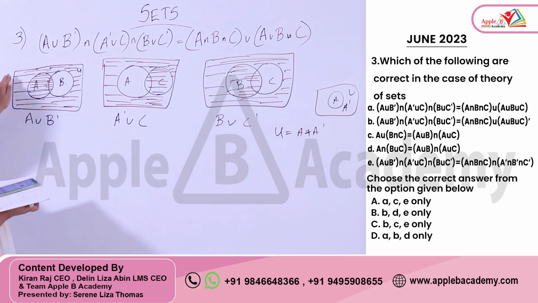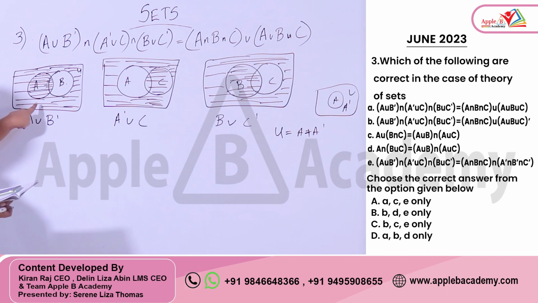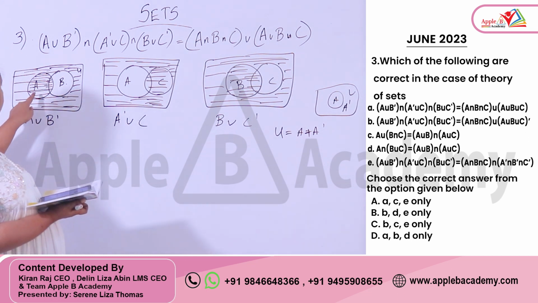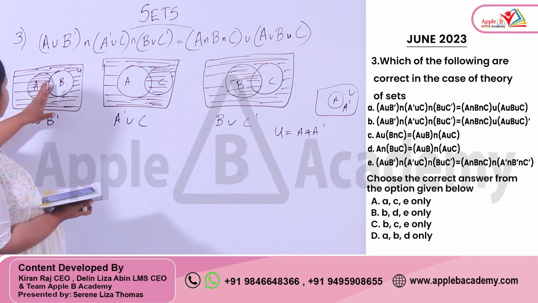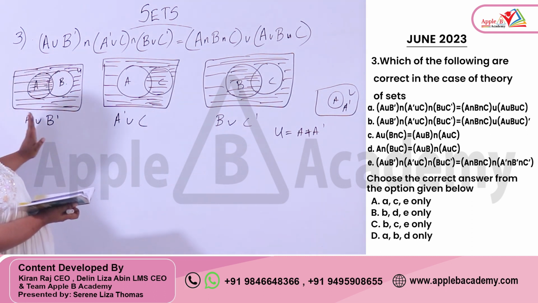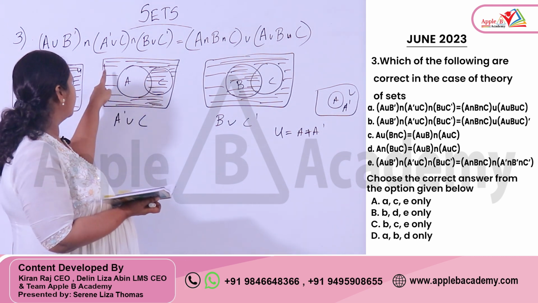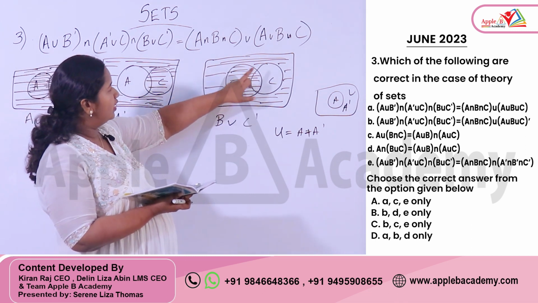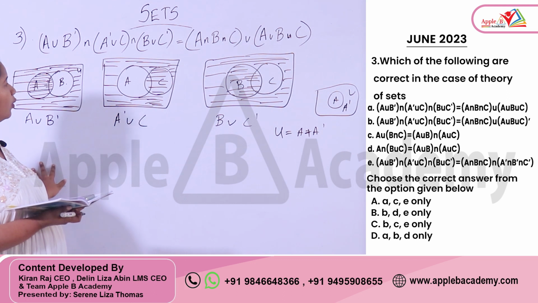Now if you look here, it's intersection. You need to look at the common elements in these three sets. A union B complement covers the set A and the outside portion. Here it covers set C and the outside portion. Here it covers set B and the outside portion. So what is common?